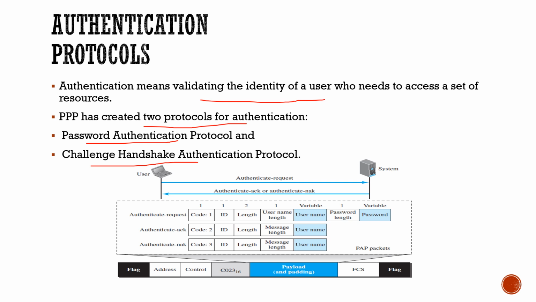The Password Authentication Protocol is for the normal username and password type. If the password is wrong, then the authentication is not correct. Next is the Challenge Handshake Protocol. Once we give the username, the password is automatically generated from the other end and then it is given to us. So that is the Challenge Handshake Protocol.